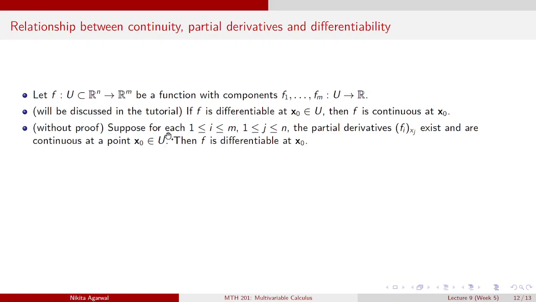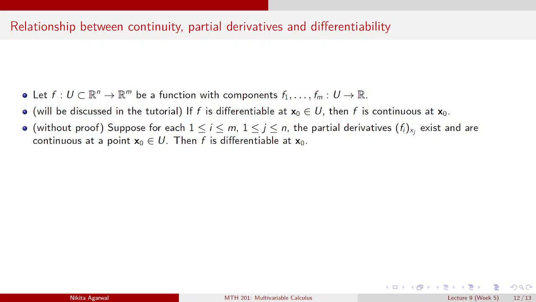Another statement which I will just state here without proof, it's a big result, it's very important, and it says that if all the partial derivatives exist, that means if the derivative matrix is defined at the point x naught, and all the partial derivatives are continuous, so partial derivatives exist and they are also continuous, then your function is differentiable at x naught.